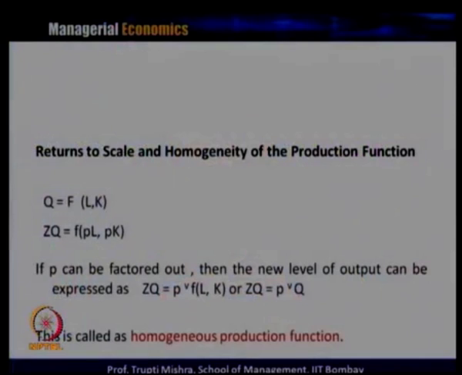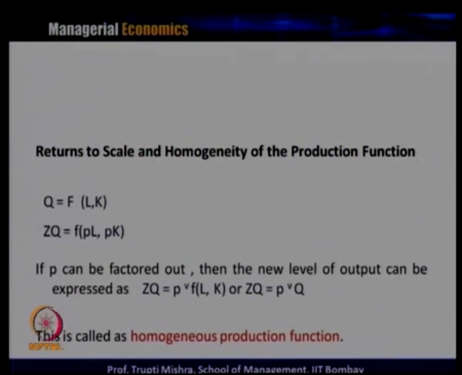Then let us understand, since we are adding a particular term over here, whether inputs change by a fixed proportion or by different proportions, both have some effect on the output. So, let us understand the concept of homogeneity, that is, which one is the homogeneous production function.